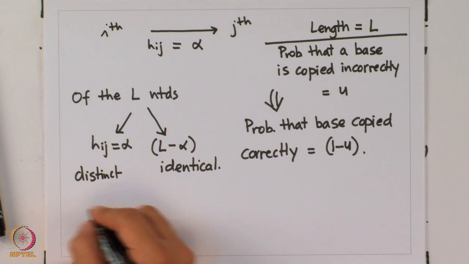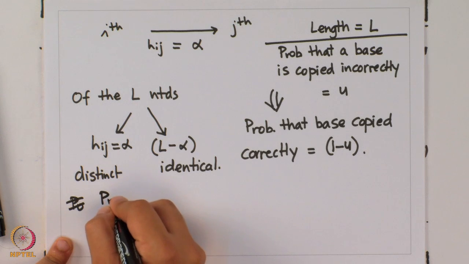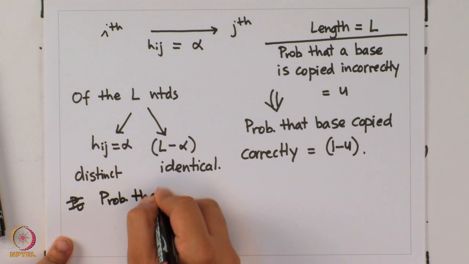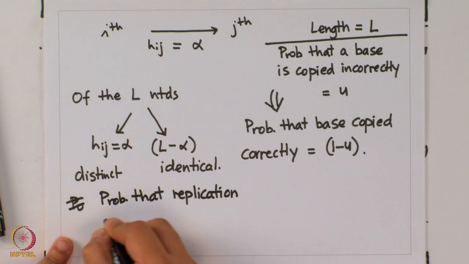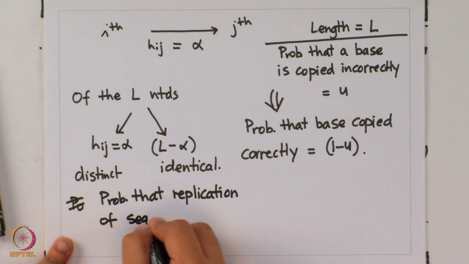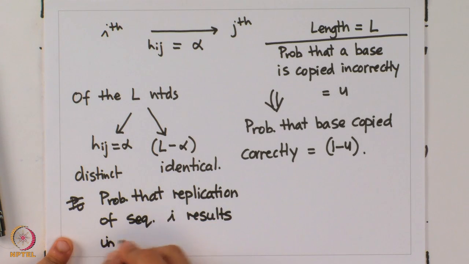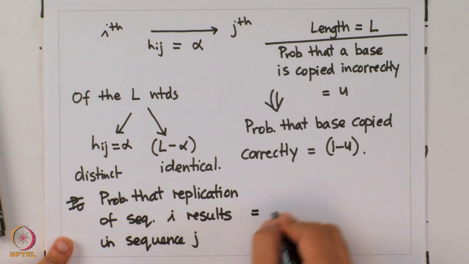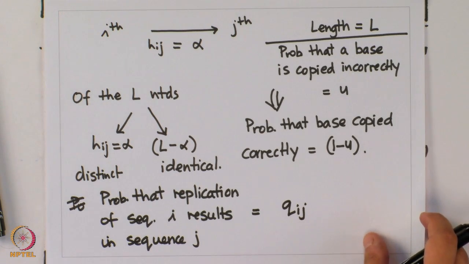Let us call the probability that replication of sequence i results in sequence j, Qij. So, we are going to try and estimate and develop an expression for this quantity Qij.